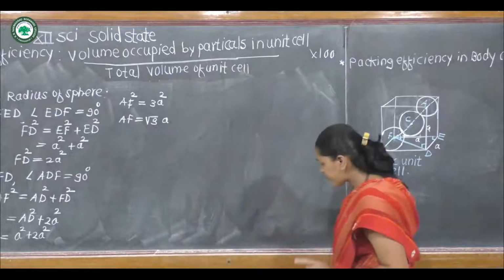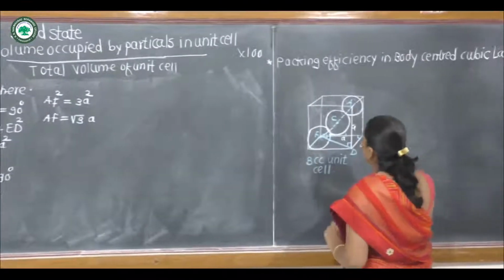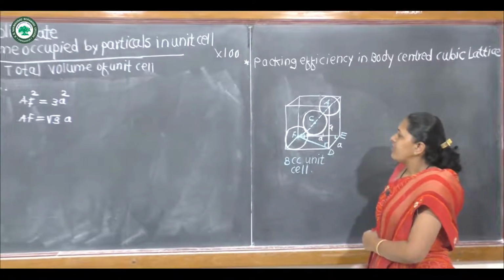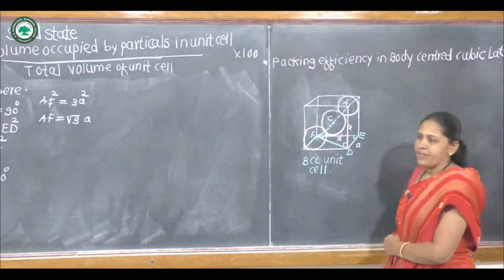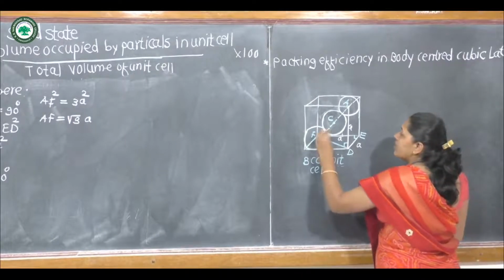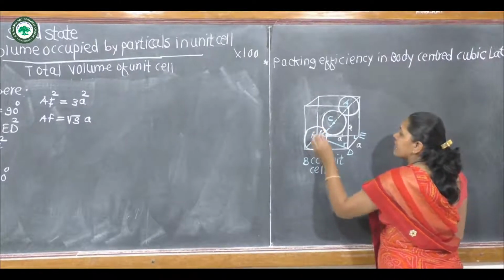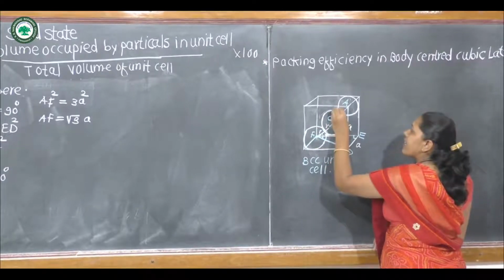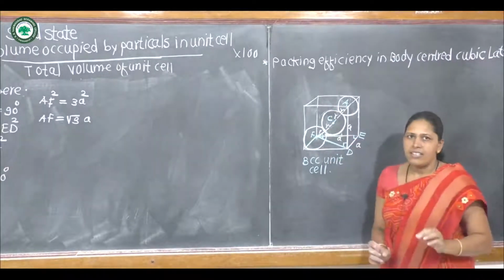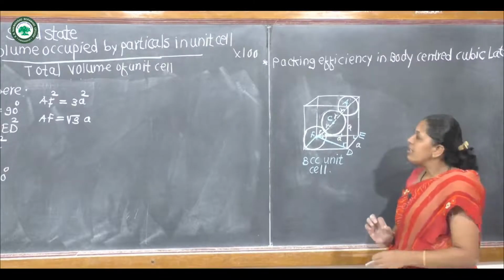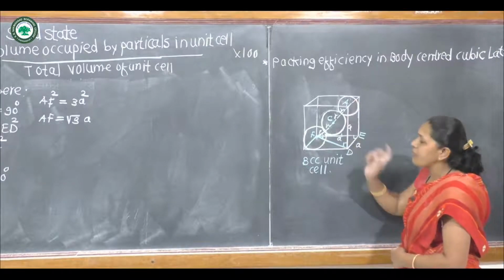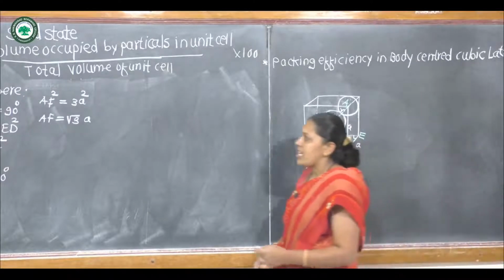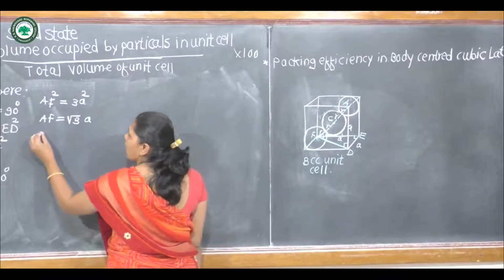But by observing this diagram, this AF is 4R, because this distance is r, again this distance is r, this distance is r, and this distance is r, where r is the radius of the atom. Therefore, AF is equal to 4R.